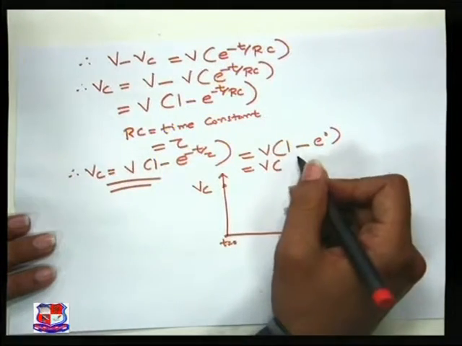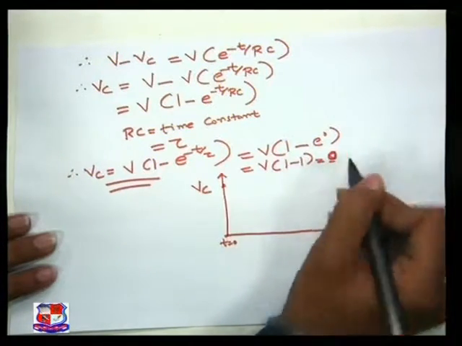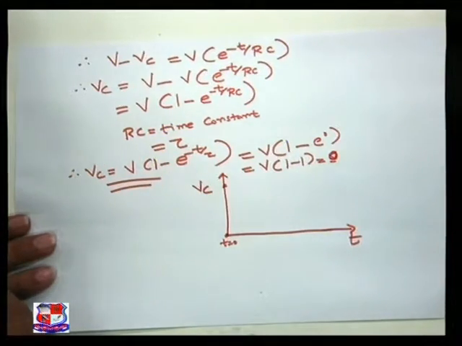Anything raised to 0 is 1, so 1 minus 1 will be 0, so it will be this, right?